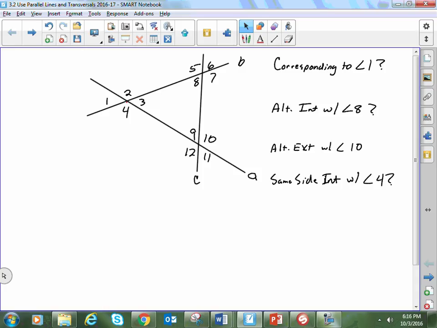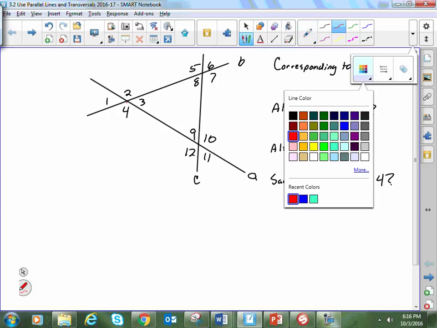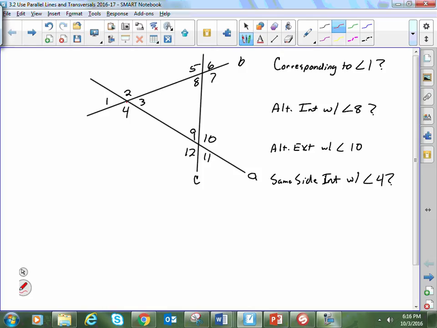All right, so again, I have no choice but to assume that you are actually doing what I've asked you to do, and you have attempted to answer each of these four questions to the best of your ability. Looking at angle 1, we can identify a couple of different corresponding angles. So if I say line B is a transversal line, then I would be able to say that angle 5 is in a corresponding location as angle 1.